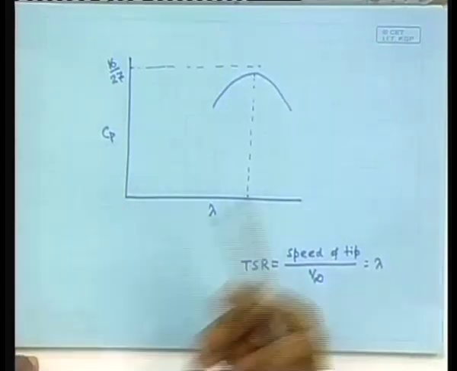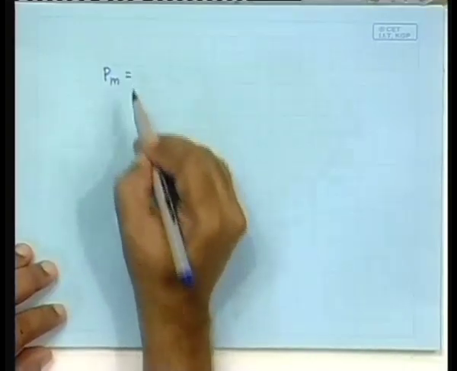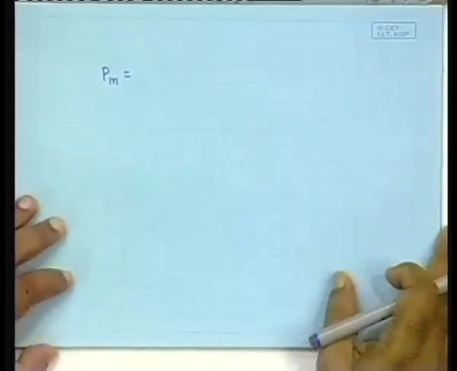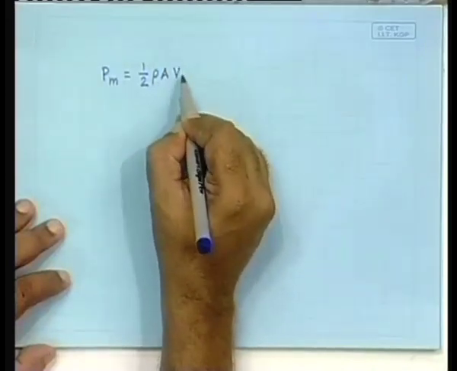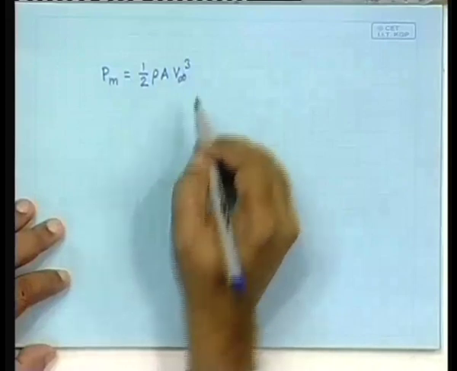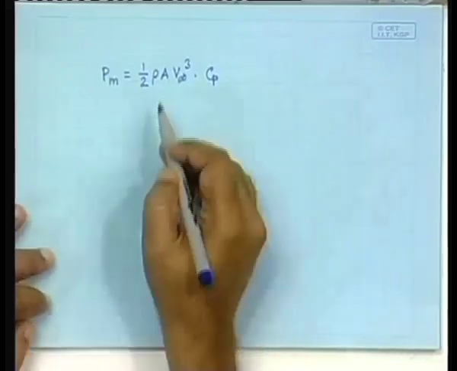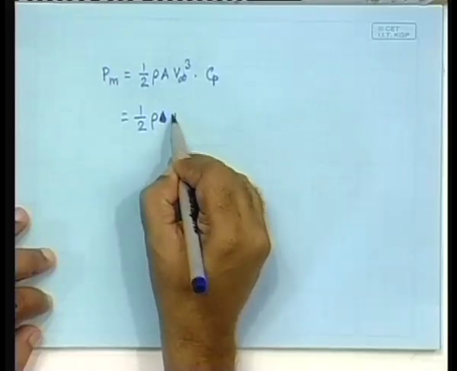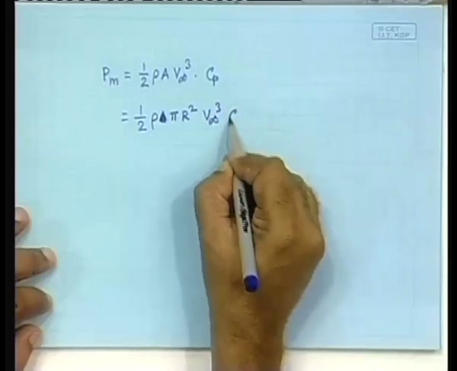So, how much will be the actual power generated? The power generated P, or let us say mechanical power Pm, is the power contained in the wind times the power coefficient. The power contained in the wind is half rho A V infinity cube, times Cp. Okay, and A is, roughly, half rho pi r square V infinity cube Cp.